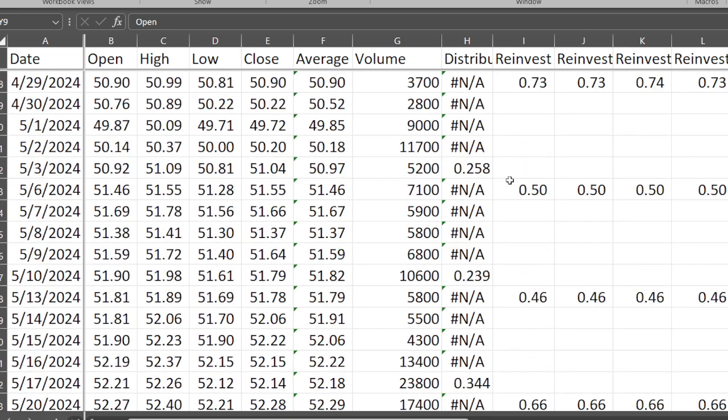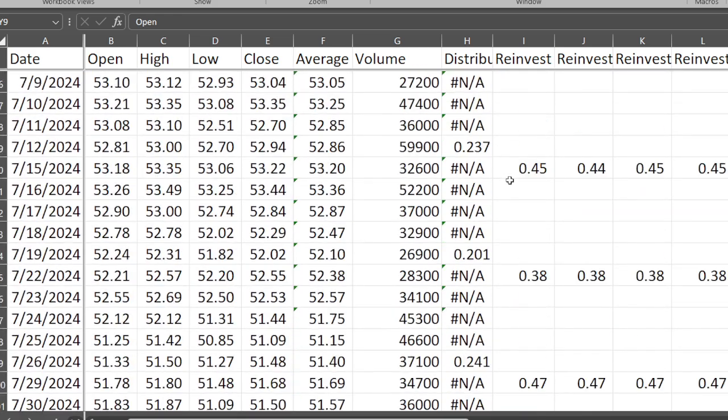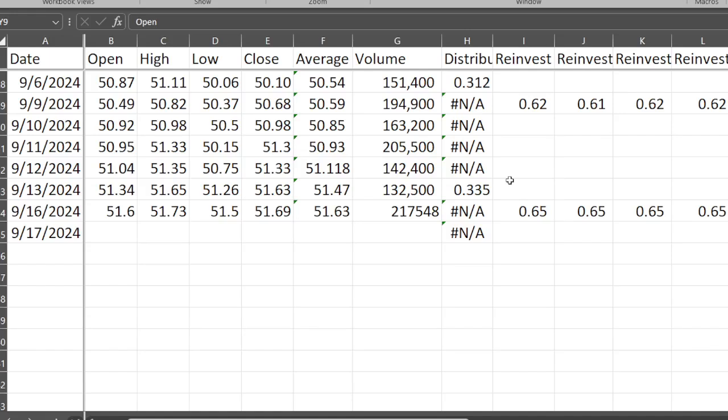So for example, if I scroll all the way down to September 16th, you'll notice the payout was on September 13th. The reason I did the reinvestment on September 16th is because not everybody's broker does dividend reinvestment.